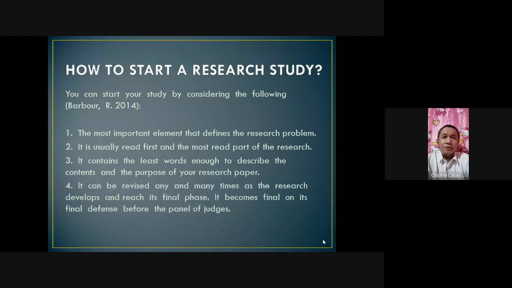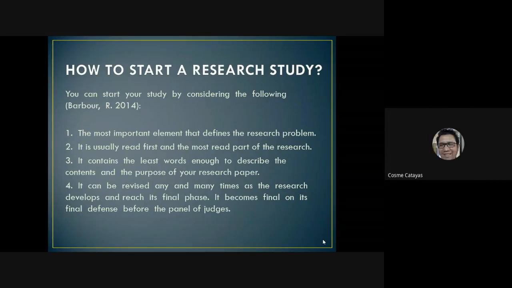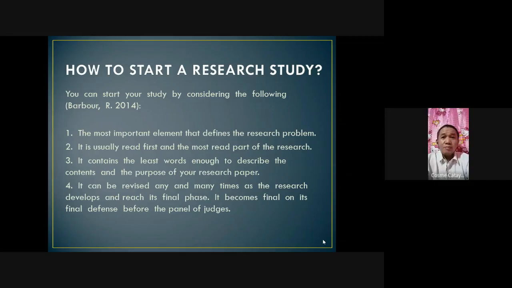2014. Number one, the most important element that defines the research problem. Number two, research paper.